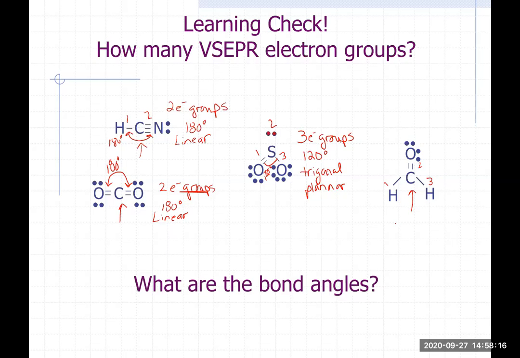So 3 electron groups. That is a 120 degree bond angle. That is, again, trigonal planar. This bond angle right here is 120 degrees. So is this one.